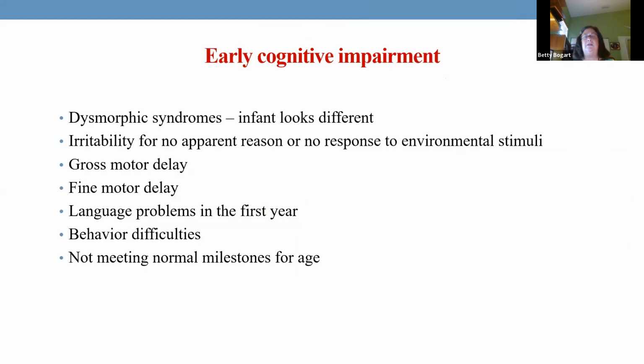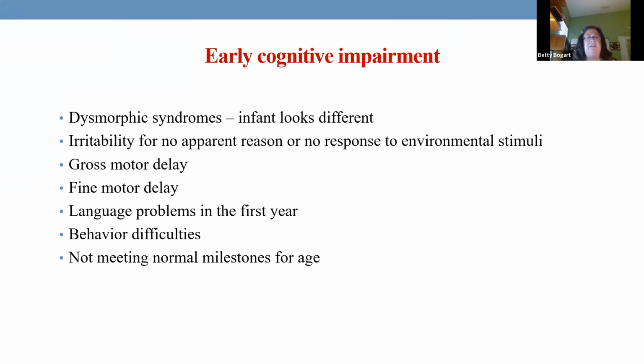Now, early cognitive impairment, we can figure out if there's going to be a cognitive delay if the child looks different, you know, dysmorphic features. When we think of dysmorphic, it could be something like Down syndrome, or ears wrong, or nose wrong, or the shape of the face, and you can sort of figure it out from there.